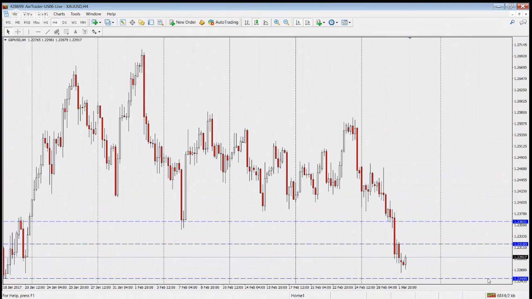So you've only really got something like, what is that, 130? No, 80. It's only 80 pips. There's about an 80 pip move there. Something like that. Yeah, 70 pip move.